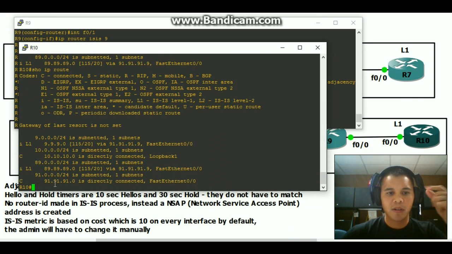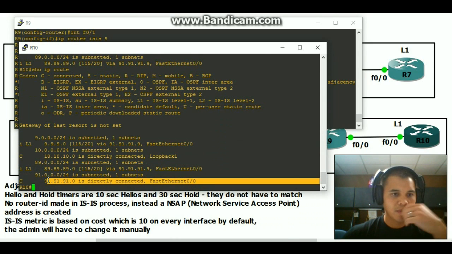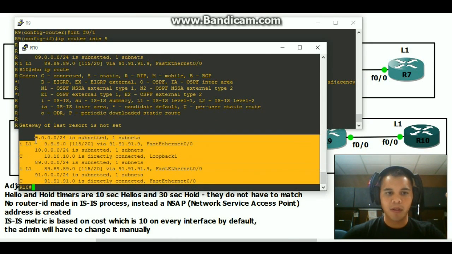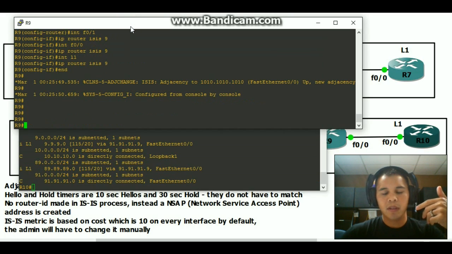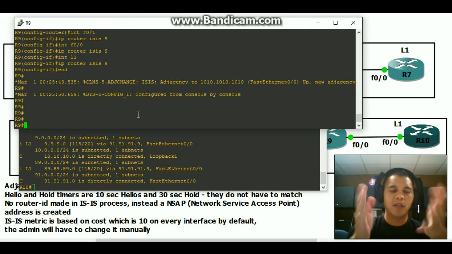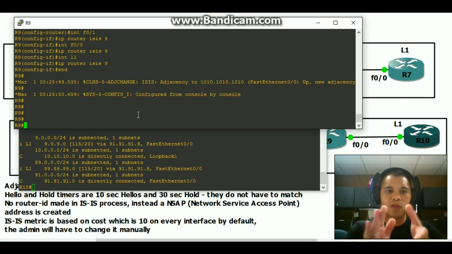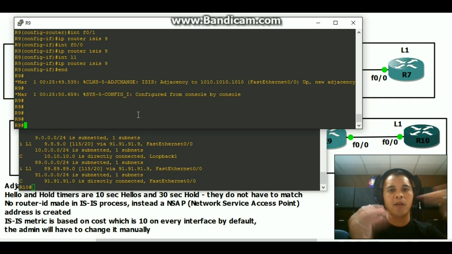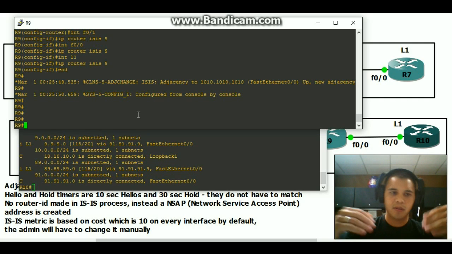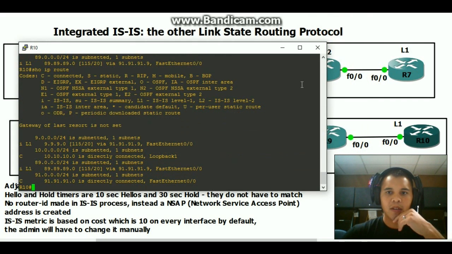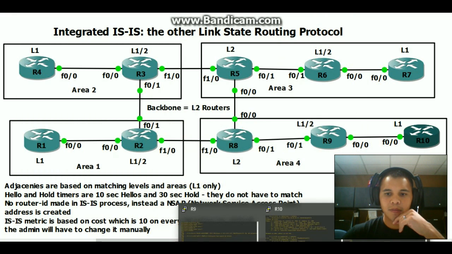So notice here that to get out of this area or level 1, I don't have a default route. Now once I enable level 2 services on router 8, router 9 will say, hey, I'm a level 1, level 2 guy. I have a level 2 adjacency, so if you want to get out of area 4, here's a default route. So let me go and configure that on router 8.